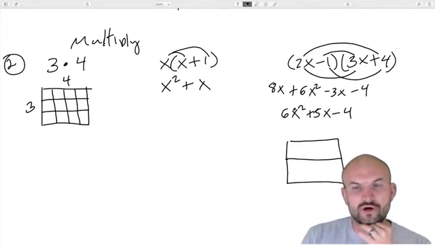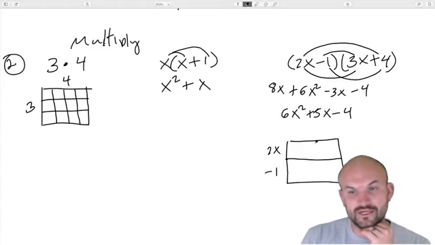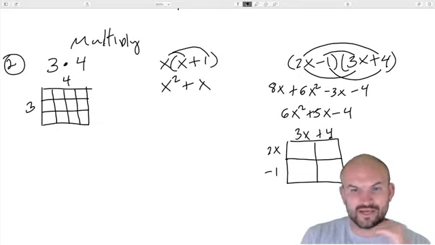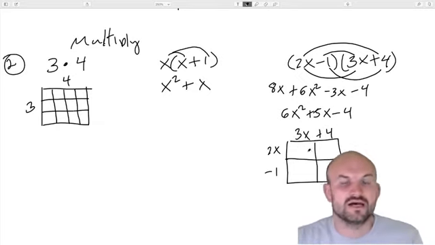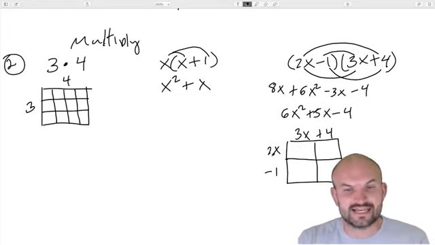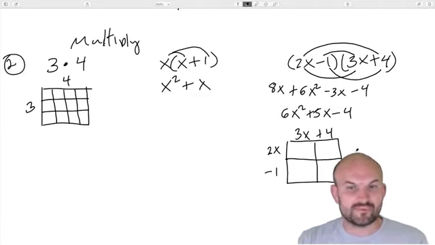So if I have 2 terms of this binomial, I'm going to represent them as 2x and -1. And then over here, I'll represent this as 3x plus 4. Again, we don't know the value of x, and we're not pretending we know it. We're just using it as a variable, but we know that the product of these two represents the area of this rectangle.